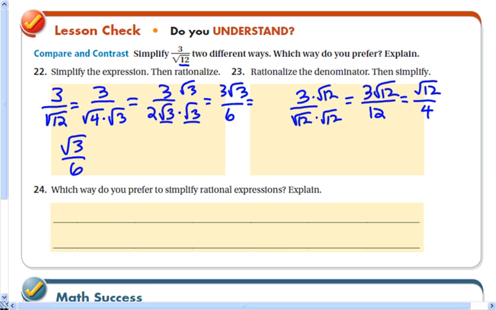Square root of 12 needs to be simplified because there's a perfect square factor, so we could write it like this. And that's 2 times the square root of 3 over 4, which is the same as the square root of 3 over 2.